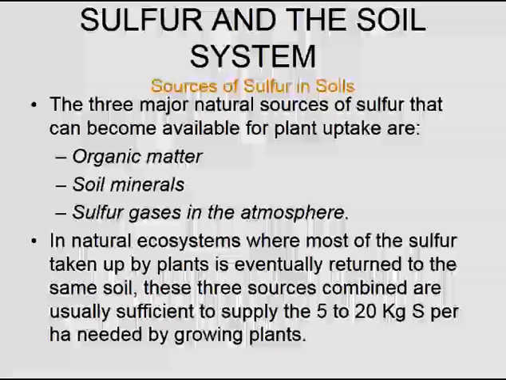In most ecosystems, sulfur that's taken up by plants is usually returned back to the system. These three sources usually supply maybe 5 to 20 kilograms of sulfur per hectare. That's about 7 to 25 pounds of sulfur per acre per year that you can expect to get back by growing a plant.